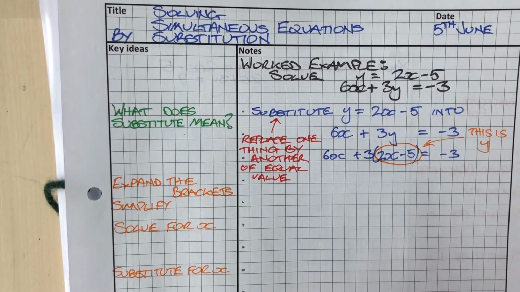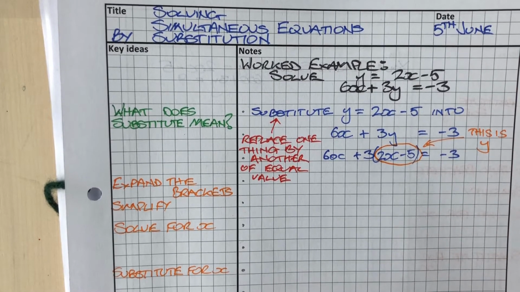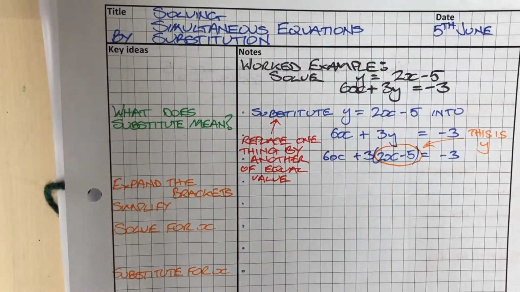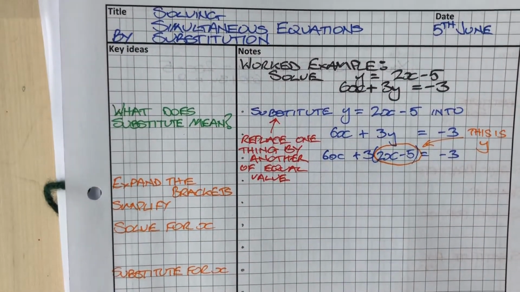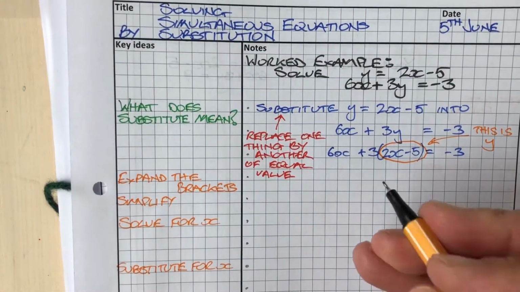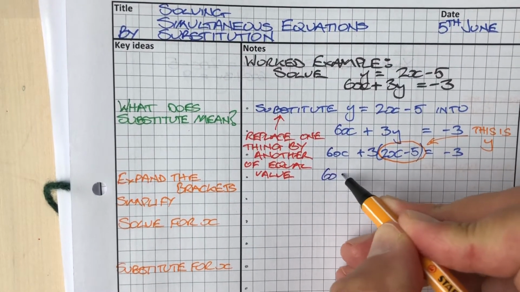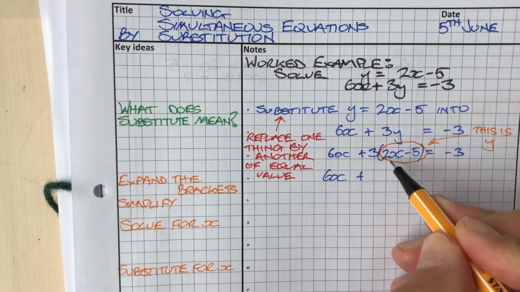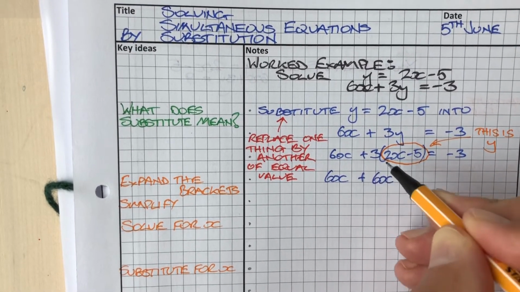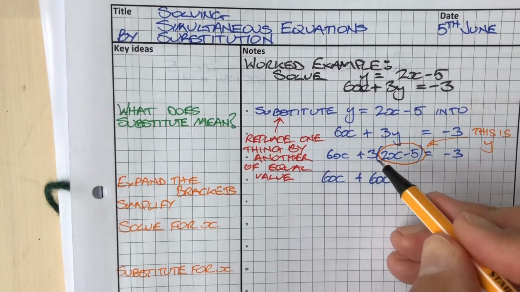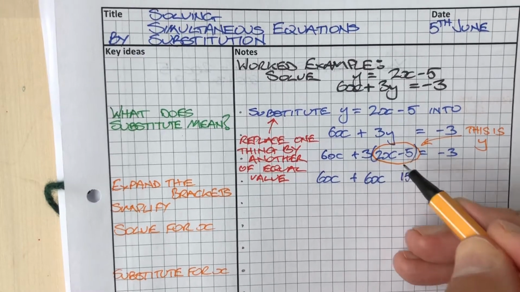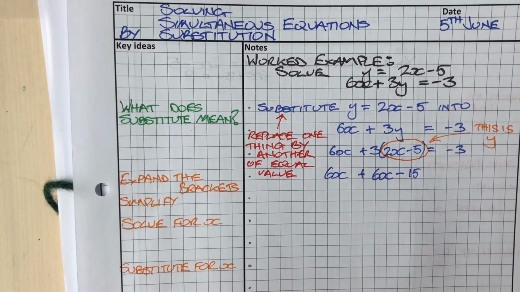Now it's messy and complicated, but it's an equation we can solve because it only has the one letter, one variable. So what do I do? I'm going to expand the brackets. So 6x plus 3 lots of everything inside the brackets. So 3 lots of 2x and 3 lots of negative 5. 3 times 5 is 15, and positive times negative is negative.